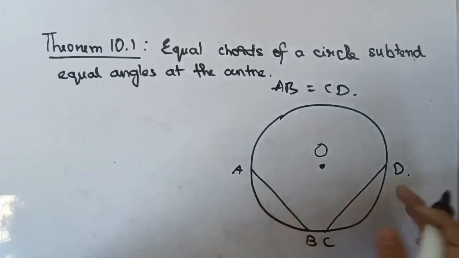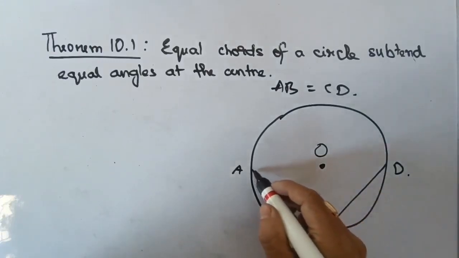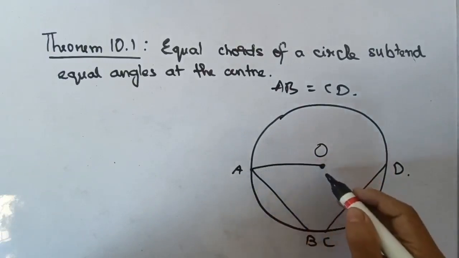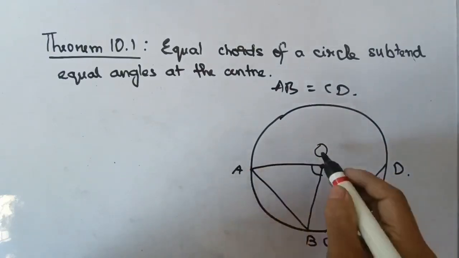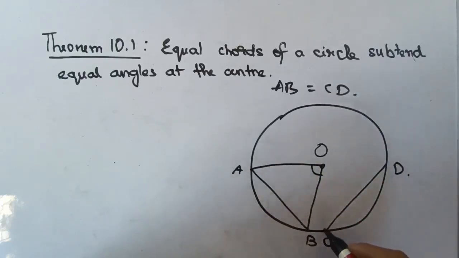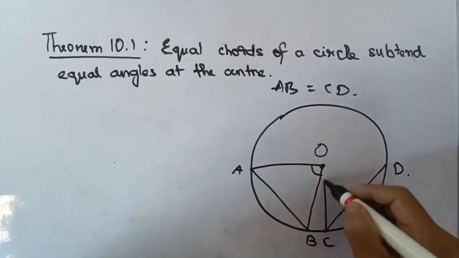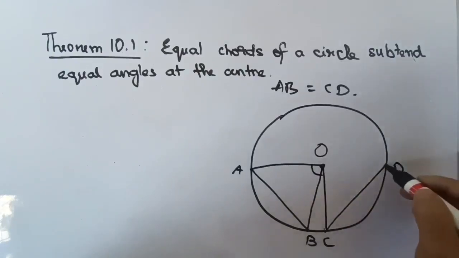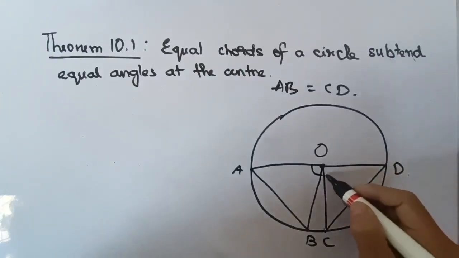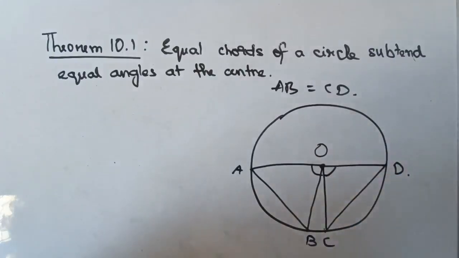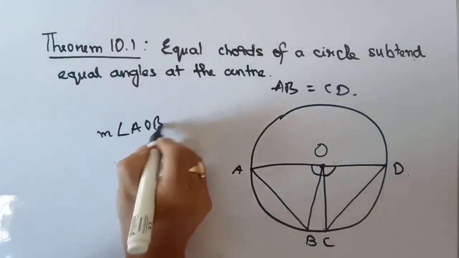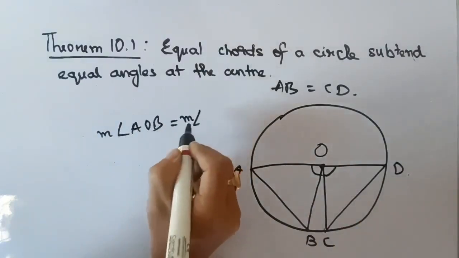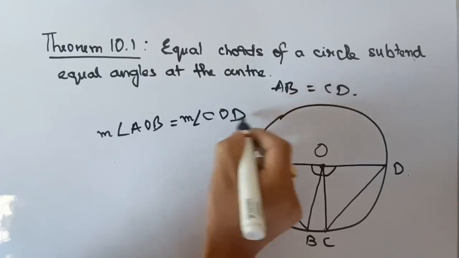So AB and CD are the equal chords. Now the angles subtended by these two chords at the center, there is this angle AOB and another angle subtended by the chord CD, there is angle COD, will be of equal measure. That is, measurement angle AOB will be equal to the measurement angle COD.